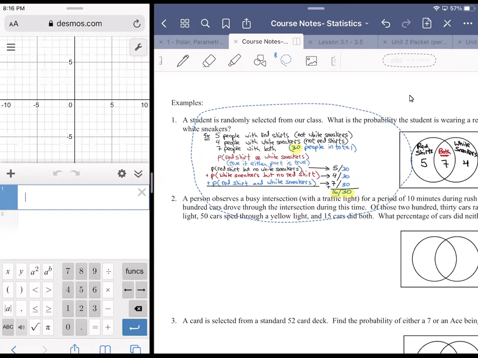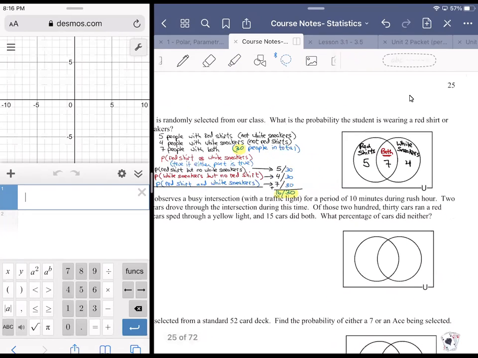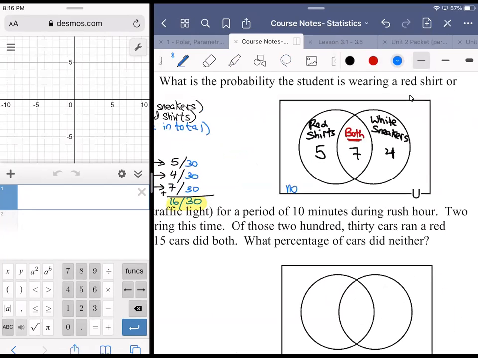Now it's beyond what the question's asking, but it's worth talking about a little bit, because if the rectangle accounts for the entire sample space, and 16 people have been accounted for, then the people that would remain would be the people who are not wearing red shirts or white sneakers. That's going to be everyone else.